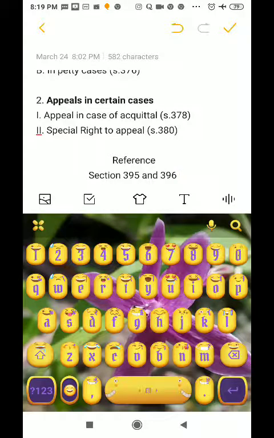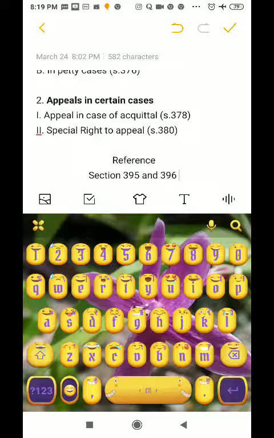So what is reference? Reference means the decision of a question by a referee. A question is referred to a referee for his decision or opinion.